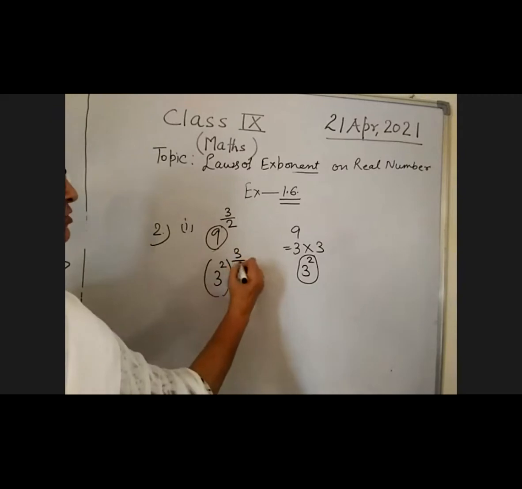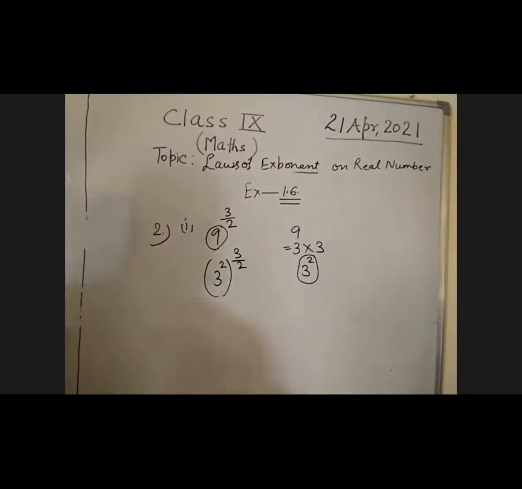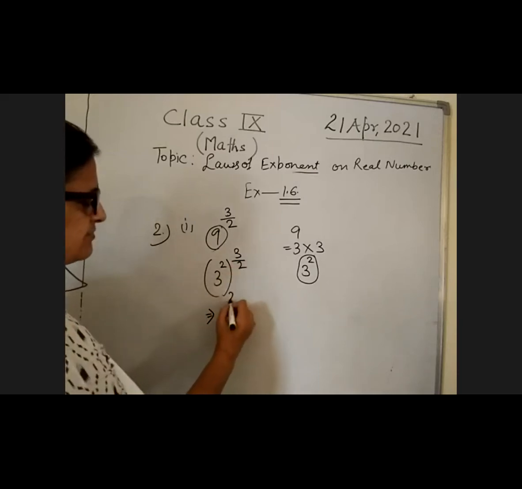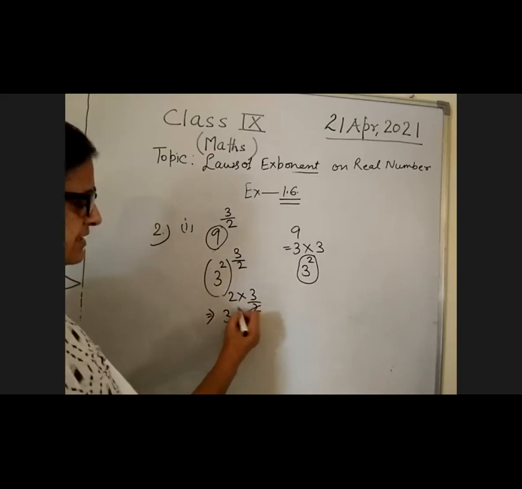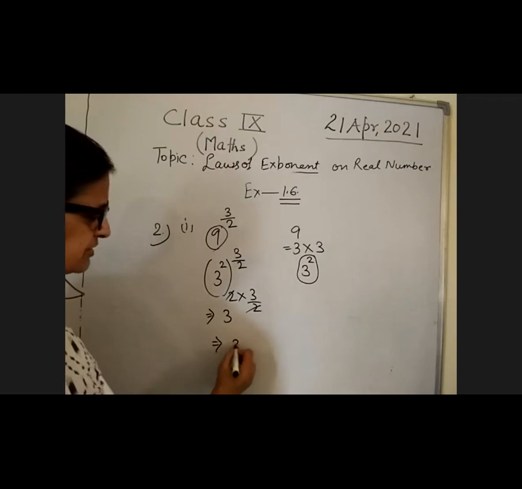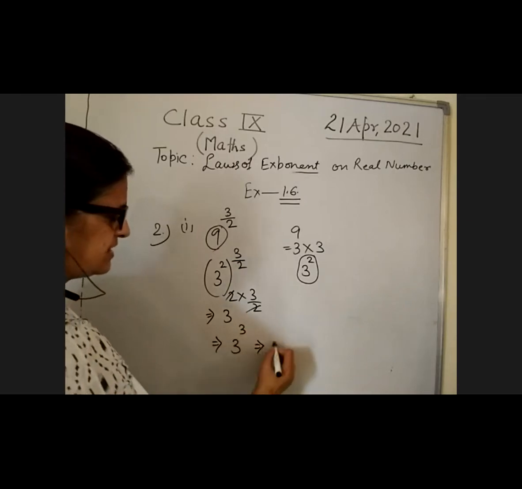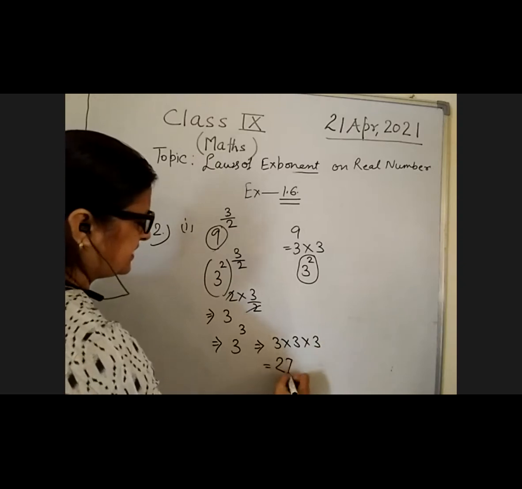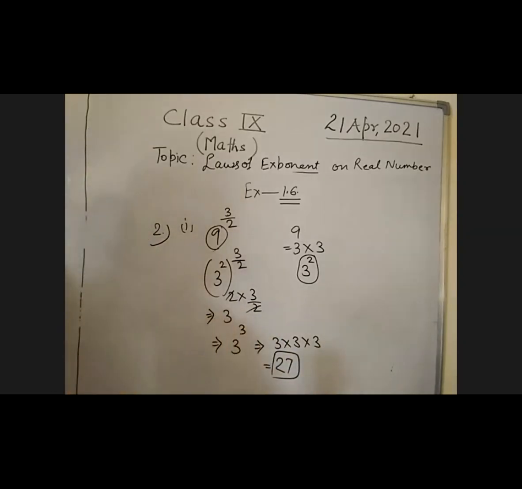And again your power is given as 3 upon 2. So what will happen? Then the powers are multiplied together. Cancel 2 with 2. So 3 raised to the power 3. It is equal to 3 into 3 into 3, which is equal to 27.